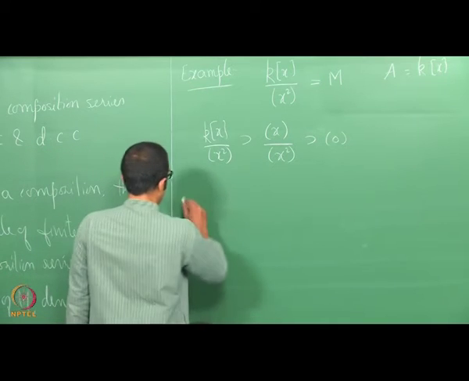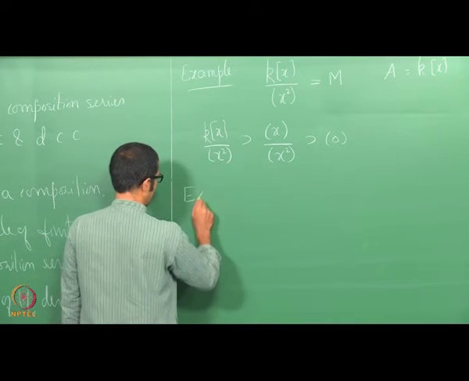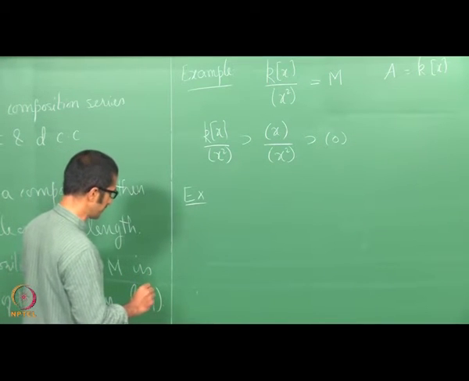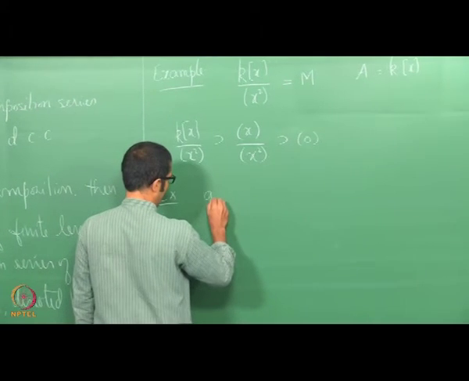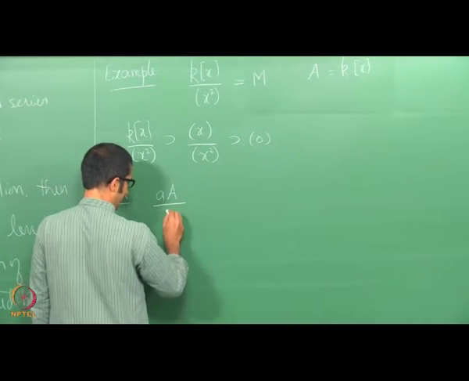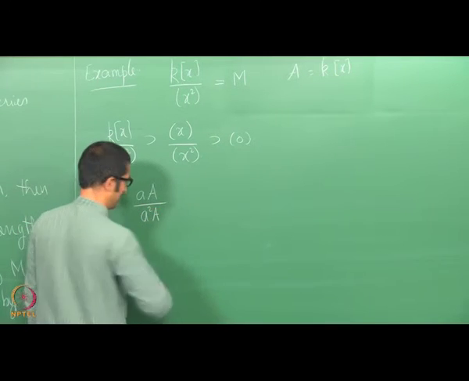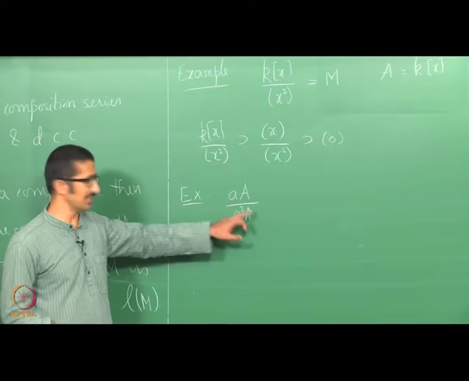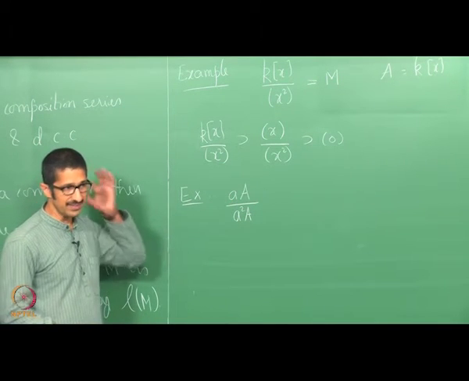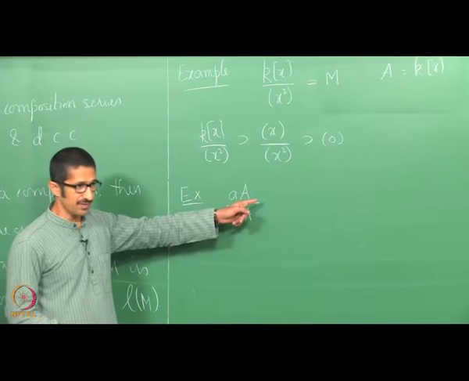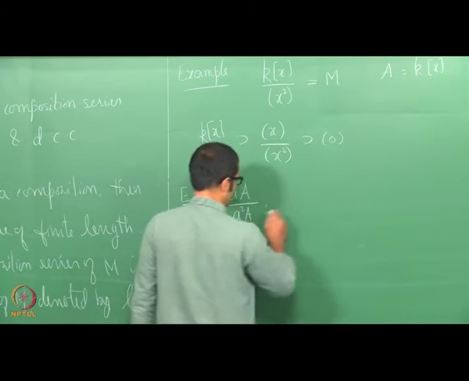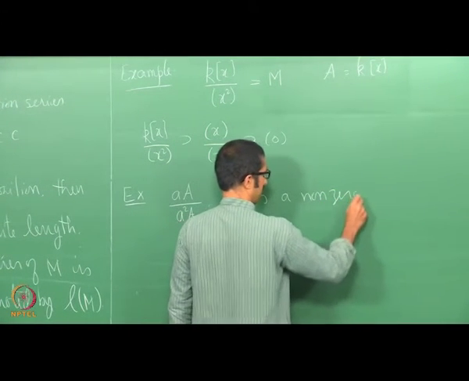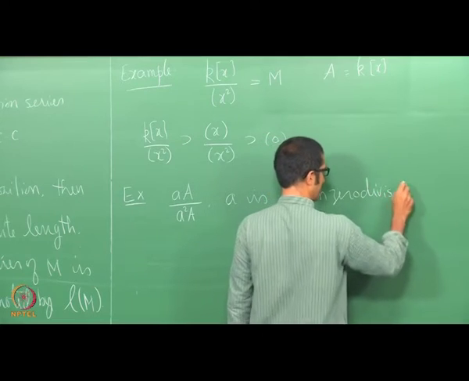Okay, so this is an exercise. If I have a ring A, an ideal, and an element a in A which is a non-zero divisor, what is meant by non-zero divisor?